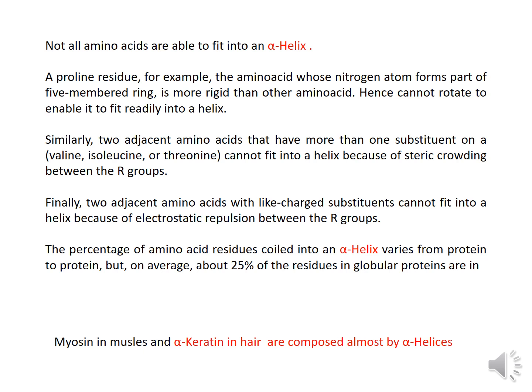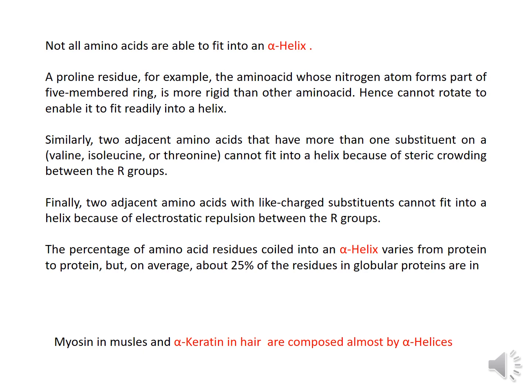Finally, two adjacent amino acids with like-charged substituents cannot fit into the helix because of electrostatic repulsion between the R groups. So they must be far away from each other, on different sides.